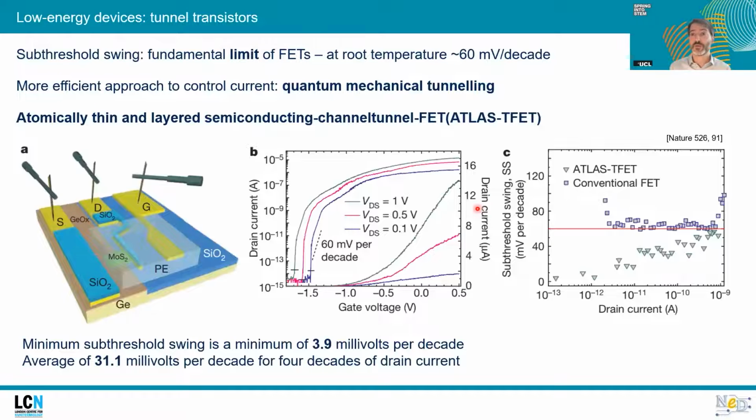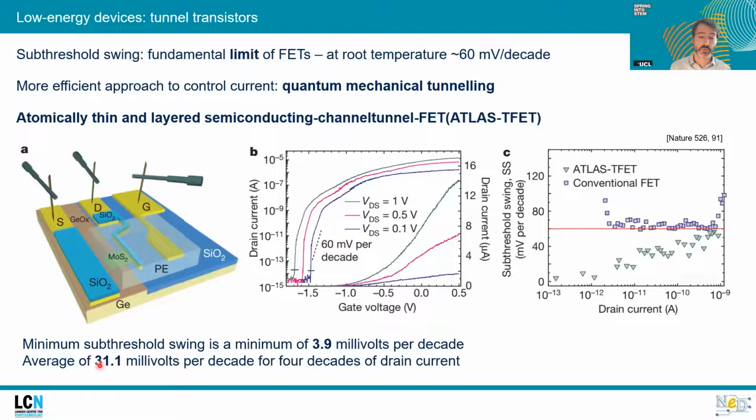And in this, two-dimensional materials have already proven their potential, because there was this very important work called Atlas TFET, in which a reduction of more than 10 times was achieved, and also a factor of 2 over several decades.